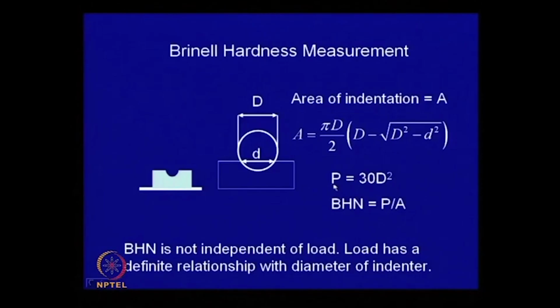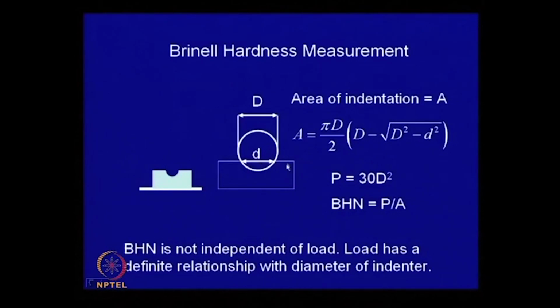The load to be applied is equal to 30 d square, 30 times the diameter to the power 2. So, if the diameter of the ball indenter is 10 millimeter, then 3000 kg load must be applied to the indenter.